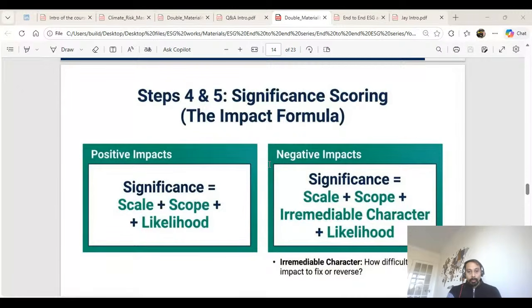This is a very important overlay for any financial transmission channels that cover revenue, OPEX, CAPEX, access to finance, and cost of capital. So it is very important to understand your positive and negative impacts, and whether the harm can be reversed or not.